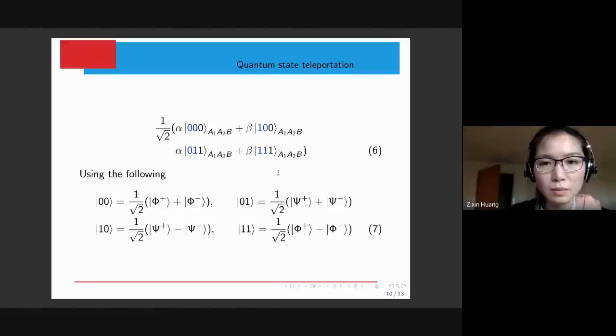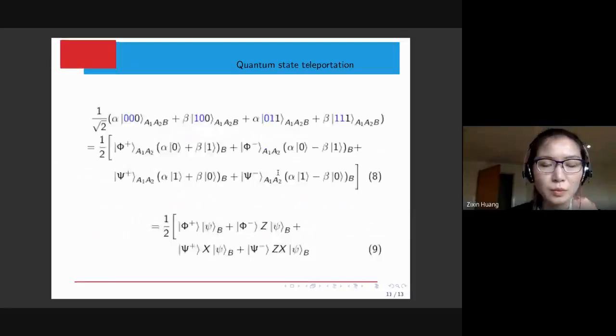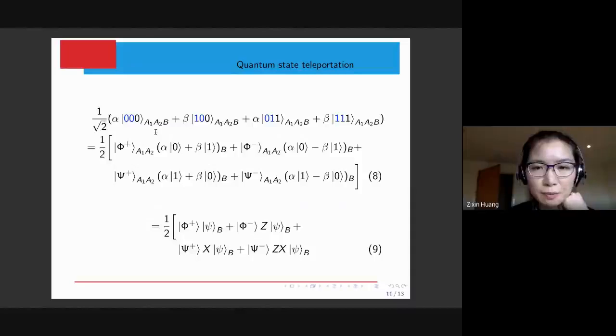Okay. So now when we do that, remember this expression over here with some of these things highlighted in blue. Remember that nothing has been done to it at this point.